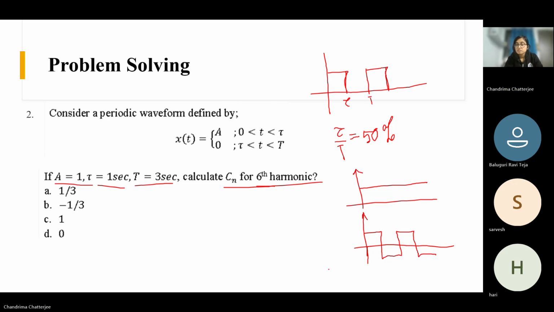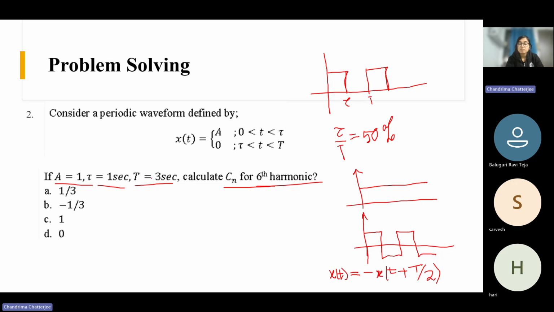Where x(t) can be any waveform and x(t) equals minus x(t plus capital T by 2). If you see half wave symmetry, the even harmonics are always zero. Only odd harmonics will be there.